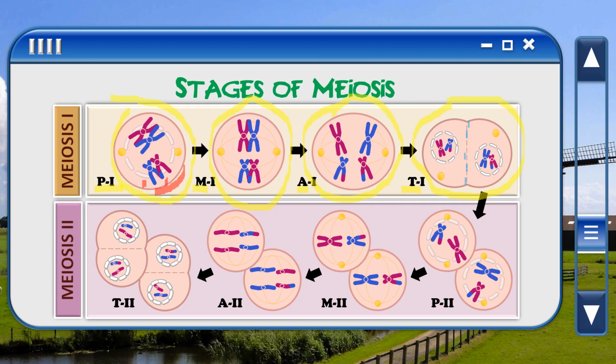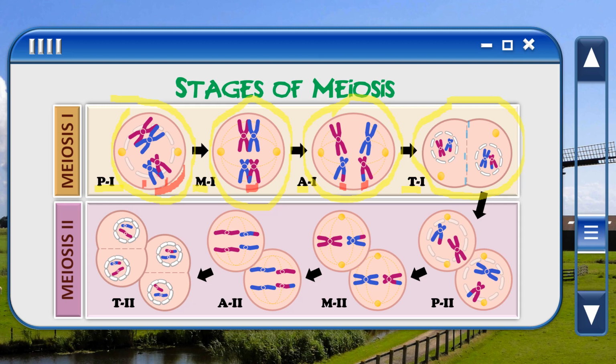When you come to anaphase here, you will see that part of the other chromosome is taken by this chromosome, and the other part has been taken by the other chromosome. So that is what we call crossing over, and that takes place in meiosis 1.